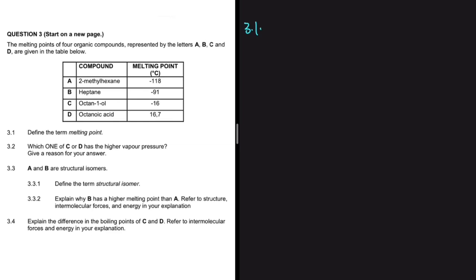And then now 3.2 says which one of C or D has the higher vapor pressure? Give a reason for your answer. So here we are given compounds and their melting points. For you to be able to answer this question, you need to know the relationship between vapor pressure and melting point. So what is the relationship between the two? We know fully well that the higher the vapor pressure, the lower the boiling point.